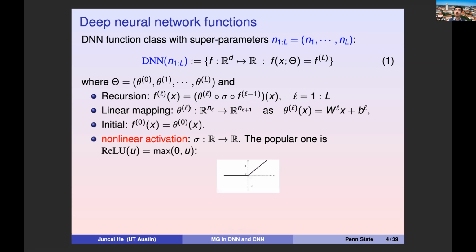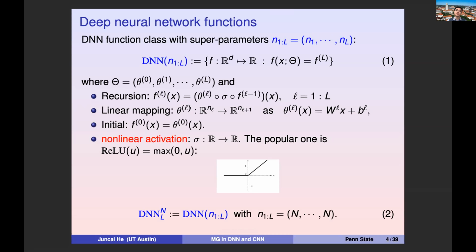For all this presentation, we will just focus on the ReLU activation function. If we say sigma without special notice, we take sigma as ReLU by default. ReLU is, I guess, the most popular activation function in both machine learning and scientific computing when we apply deep learning techniques.